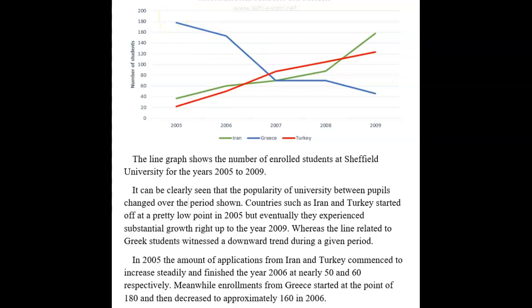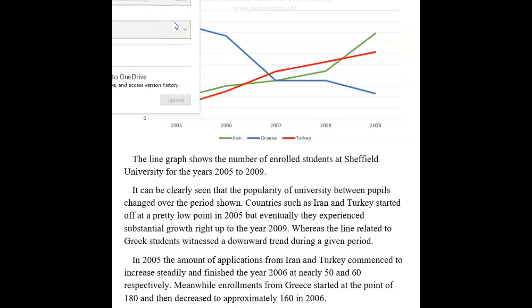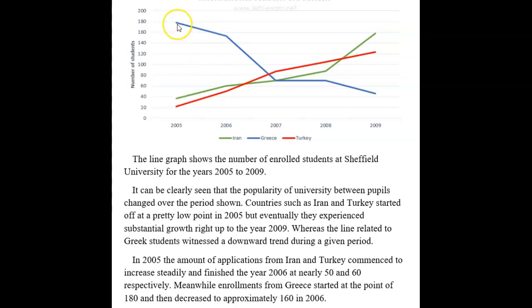So I would have talked about the beginning figure, 180, and then I would have talked about how it dropped 20 students the next year. And then I would have said in the following year, it dipped to about 70, which is a drop of around 110 students. So that's less than half of its initial number.